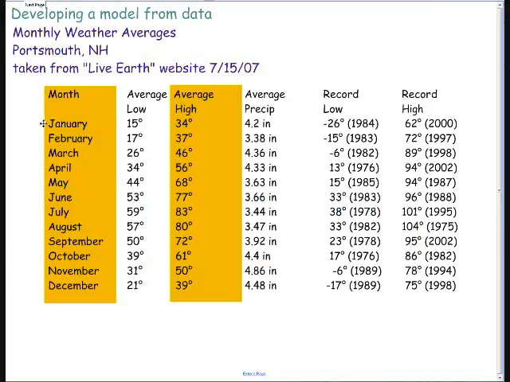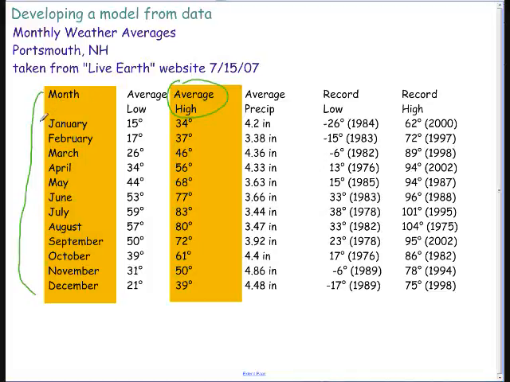Here's what I've been waiting for. This is so good. I actually took data back in 2007 right off of Live Earth for Portsmouth, New Hampshire. What I was interested in was the average high month by month.